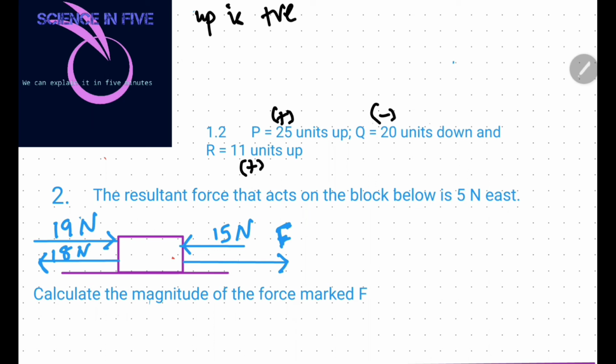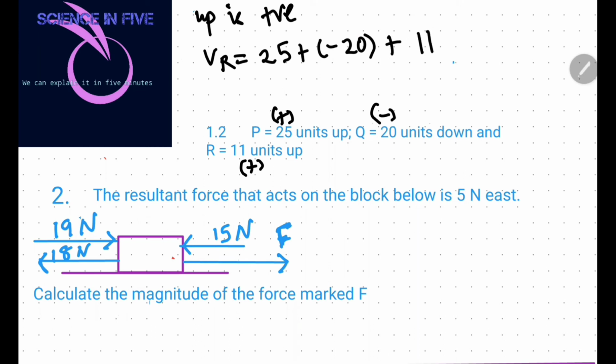So my resultant vector is going to be the sum of all these three. I'm adding them as if I'm adding positive and negative numbers. So it's a positive 25 plus a negative 20 plus 11.